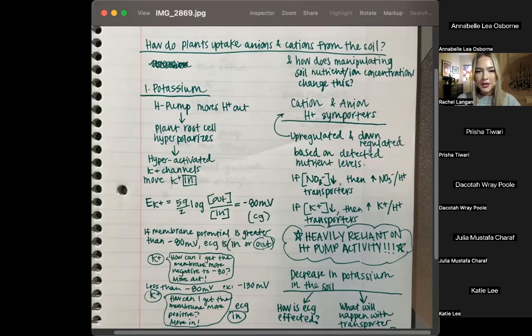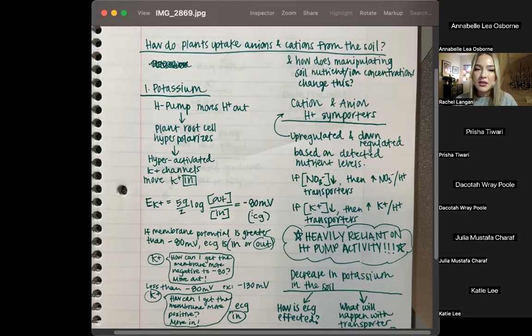Well, if you have the hydrogen pump activity working, it only gets it to around negative 130. It never gets it past negative 200. So what is the consequence of that? In normal conditions, if you put the cell at negative 30, potassium wants to move in.